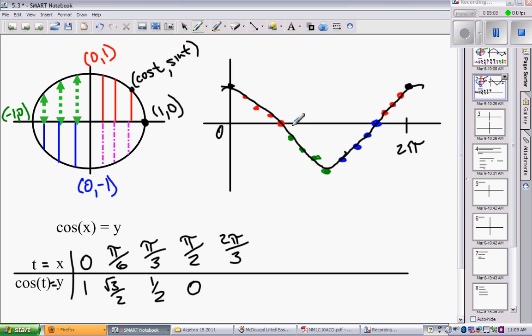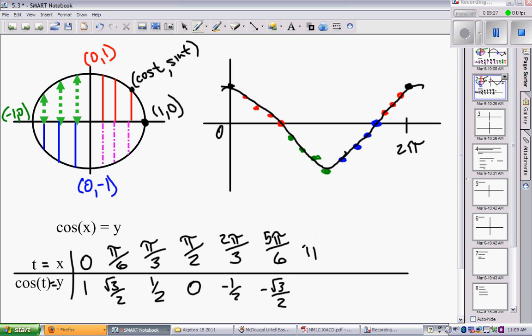We're now down into the negatives, so negative 1/2. We're on the first of the green point right there. Up next, you got 5 pi over 6. You're still in the negatives, and it's reflecting. Negative root 3 over 2.